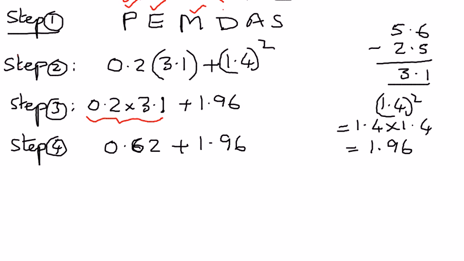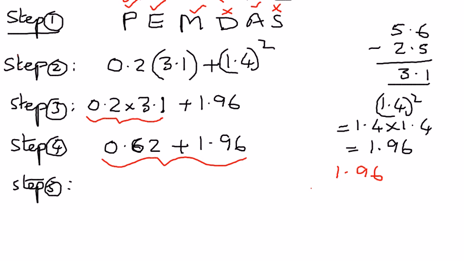There is no division involved here, so we'll put a cross mark on it. There is addition going on, so we'll do the addition process. There is no subtraction, so we'll put a cross mark on it. So in step number 5, we're going to take these two numbers and add them: 0.62 plus 1.96. 6 plus 2 is 8. 9 plus 6 is 15.